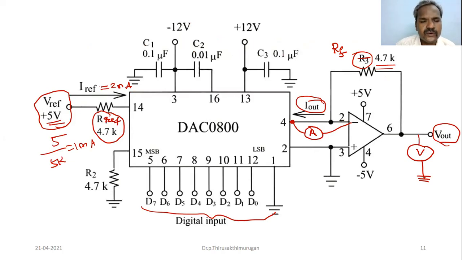Then what you have to do? You connect sources here. For each switch, if this D7 is on, connect 5 volt.